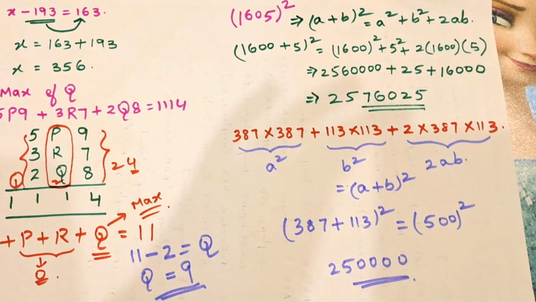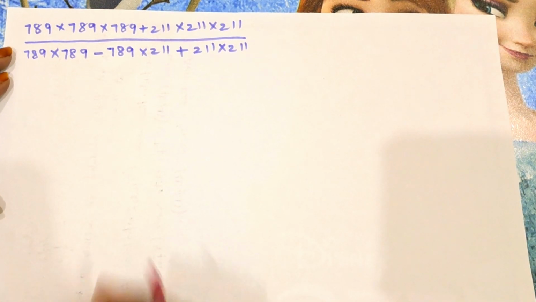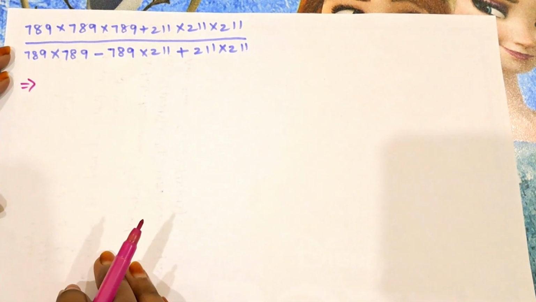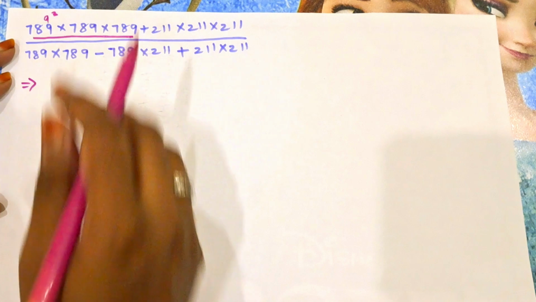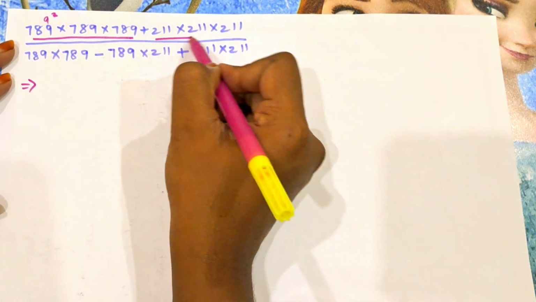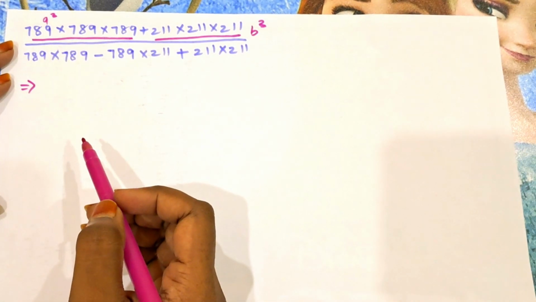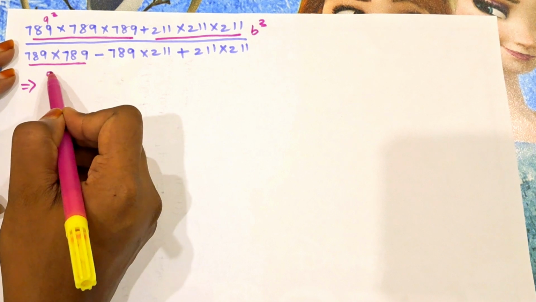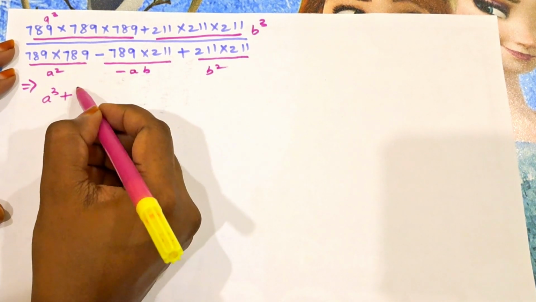Our next example also looks a bit complicated, but we are going to solve it easily by using the equations that we have learned before. If you observe the numerator of the question carefully, it is in the form of a cube plus b cube. Here a is 789 and b is 211. And the denominator is in the form of a square minus ab plus b square.